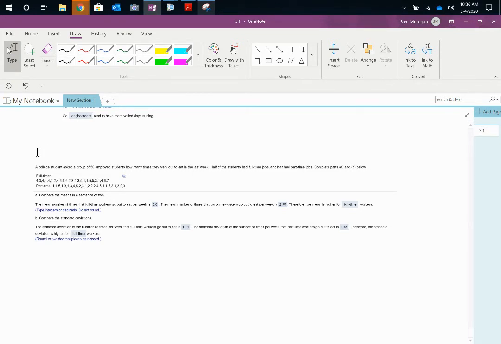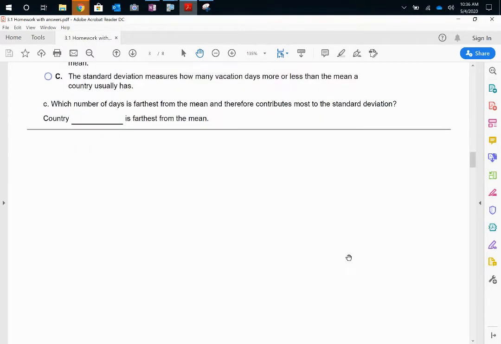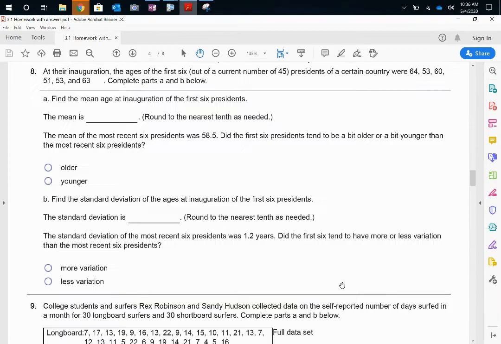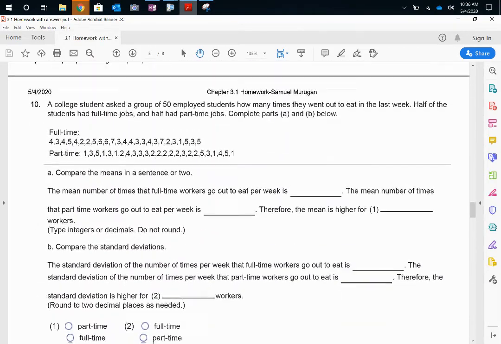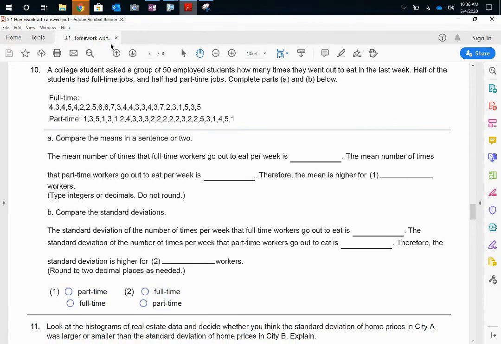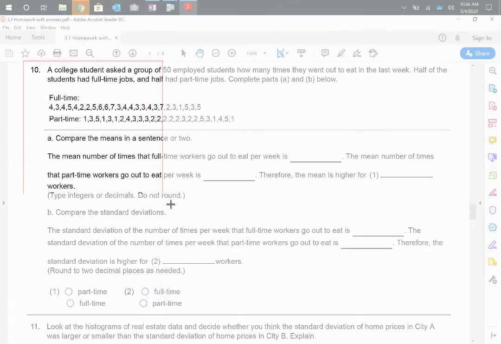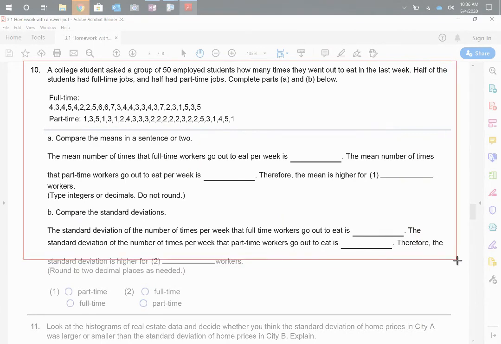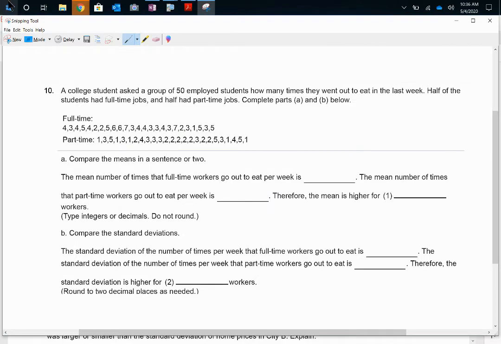All right, so we don't need to use StatCrunch anymore. At this point, we can just go ahead and answer some of the other questions. So I'm going to copy these and paste them. Snip this in. Oh wait, this is the wrong problem, not this one.